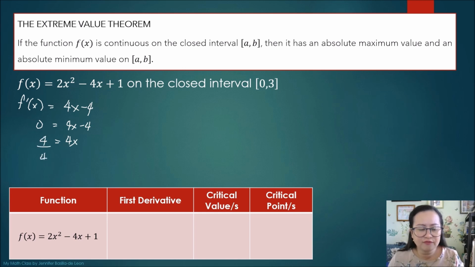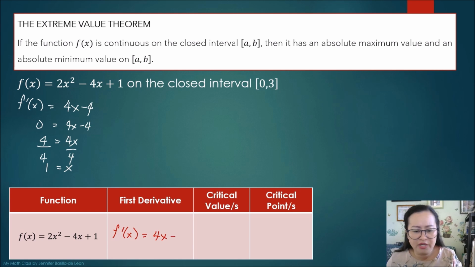We divide both sides by 4, so we have x equals 1. Okay? Now, let's complete the table. f prime of x equals 4x minus 4. So our critical value is x equals 1.